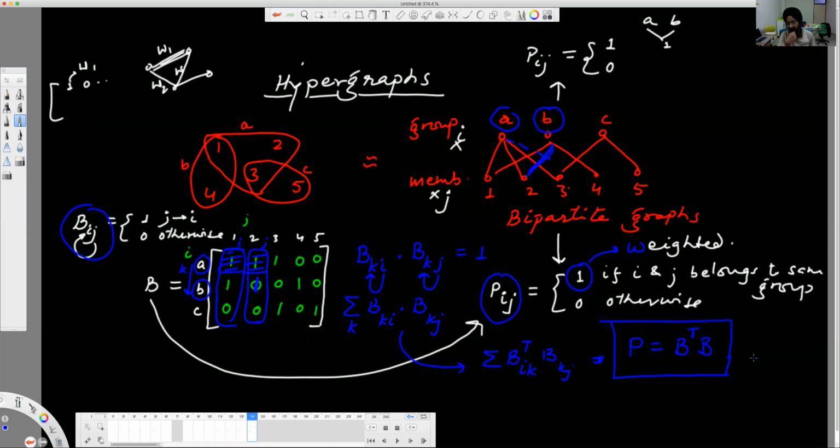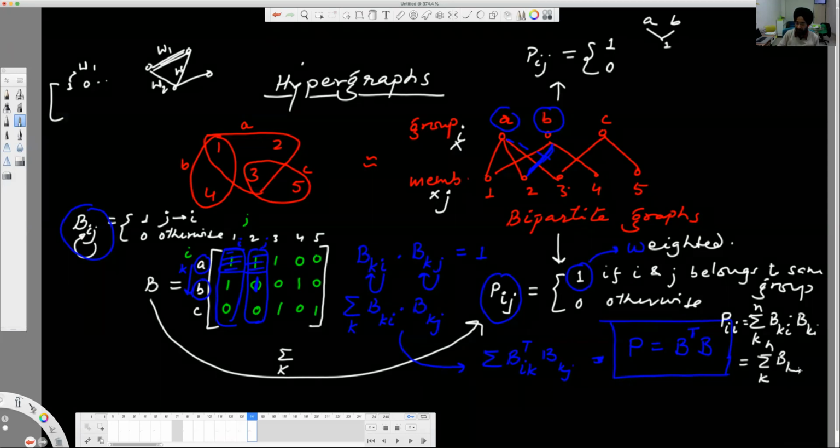And what else? What will be the diagonal elements of this matrix? The diagonal elements are going to be, let me write here, P_ii, the sum over k of B_ki times B_ki, which is square and in the end nothing but B_ki.